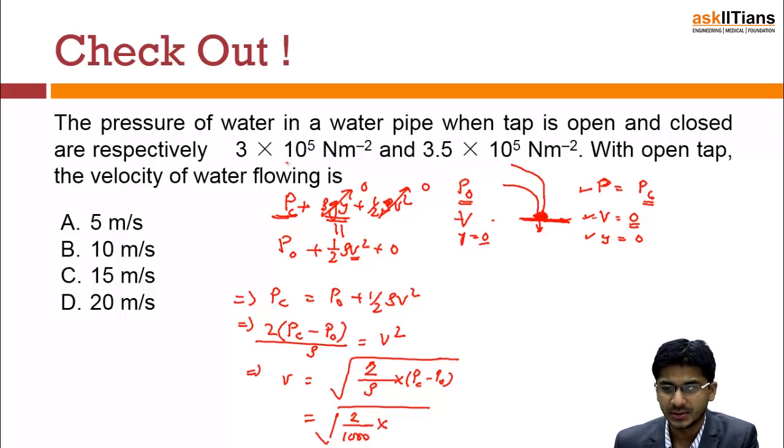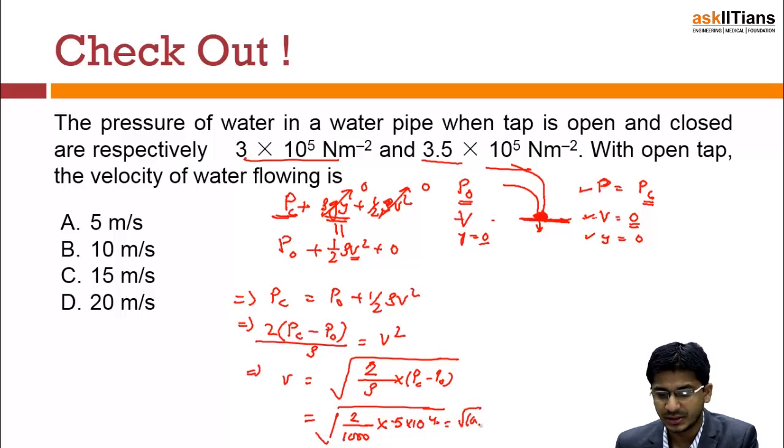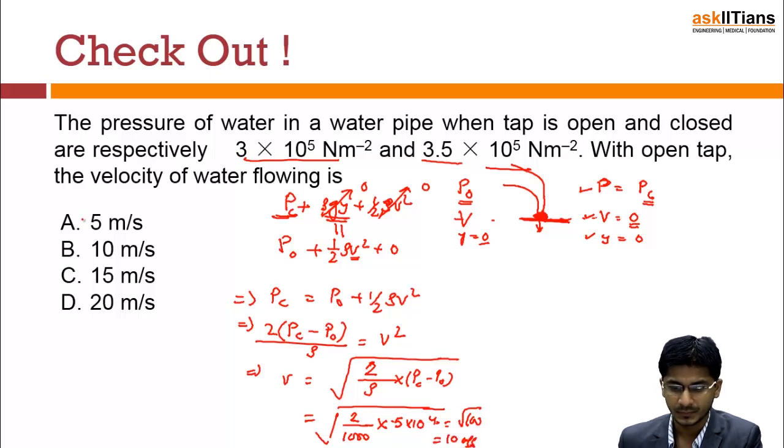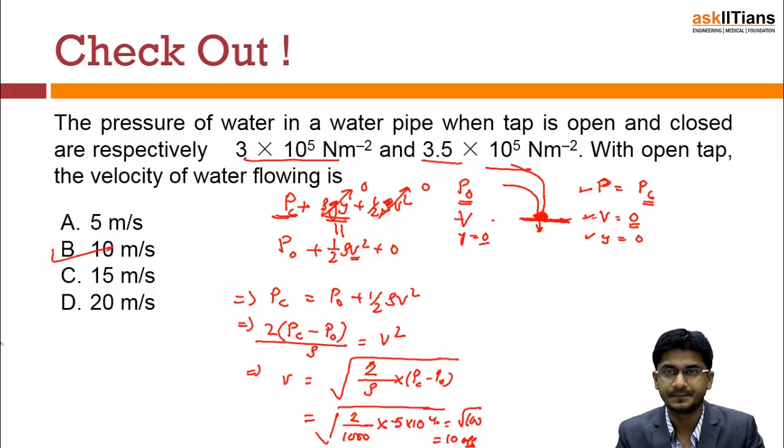Pc minus P naught, this pressure closed one is this and open one is this, so Pc minus P naught is 0.5 into 10 to the power 5, that gives you 5 into 10 to the power 4. So 5 into 2 is 10, so this becomes 10 to the power 5 by 1000. This means you have root over 100, that means what you get is 10 meter per second. So if you look at the options, B is the correct option.